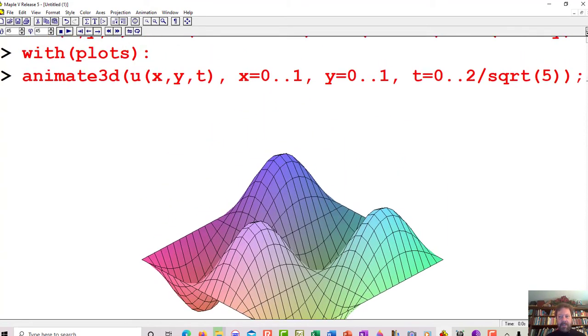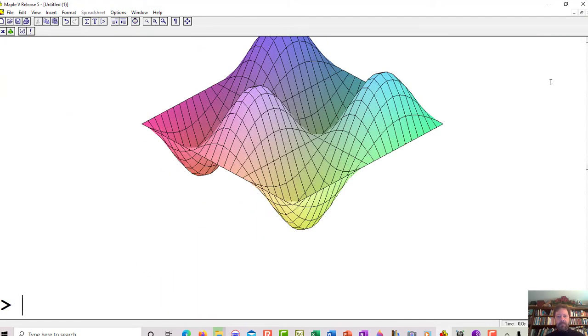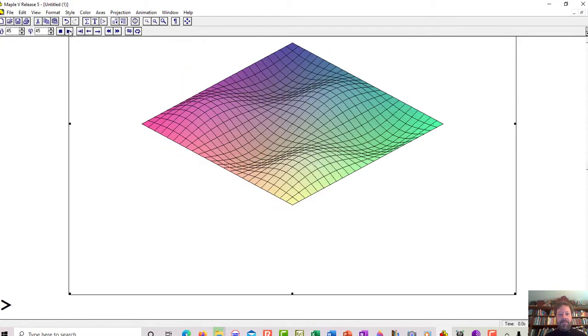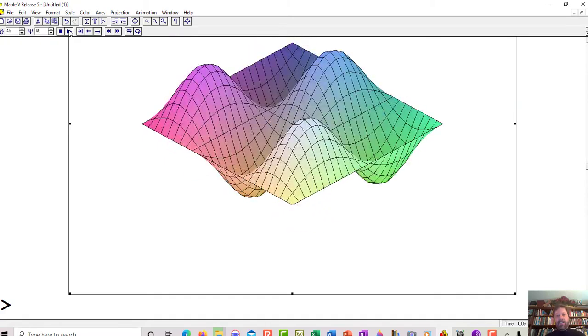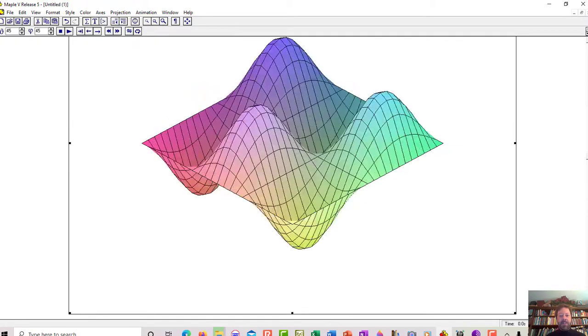Let's see, do we have this in the right? Oh, we had square root of 5. It's not going to be square root of 5 anymore. It is going to be the square root of, what is it, 4 plus 9, square root of 13. I want this to be able to repeat. And you can see how the membrane vibrates when we choose these particular oscillatory modes.